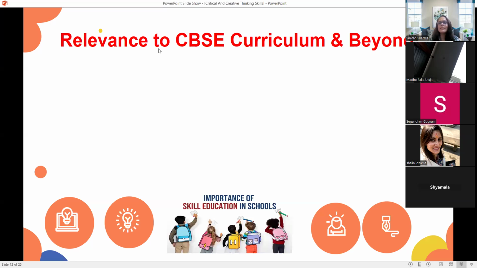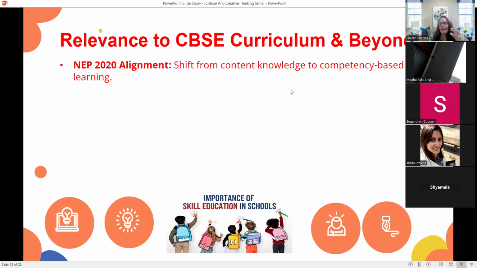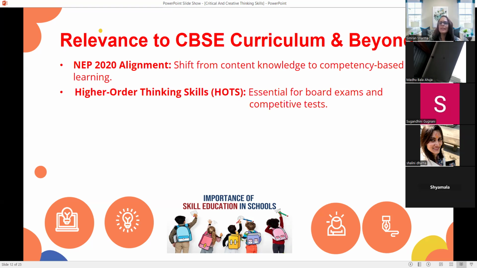Now, what is the CBSE take on this? In the beginning, I said that we are going to look at it from the CBSE point of view. CBSE says that it's important. Why? Because it aligns very well with NEP 2020, and it's a gradual shift from content knowledge to competency based learning. This also trains our students to look for solutions to difficult problems and prepares them for higher order thinking skills.